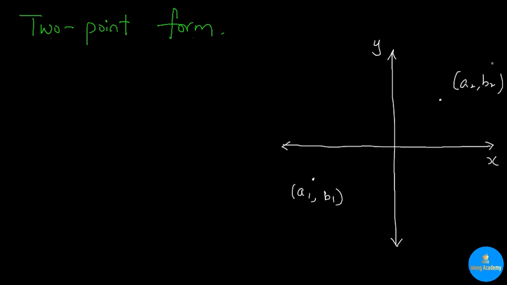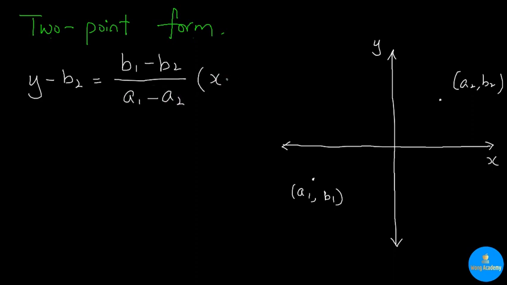How can we write down the equation directly? We are going to use the two-point form. It is given by the following. y minus B2 is equal to B1 minus B2 divided by A1 minus A2 times x minus A2.